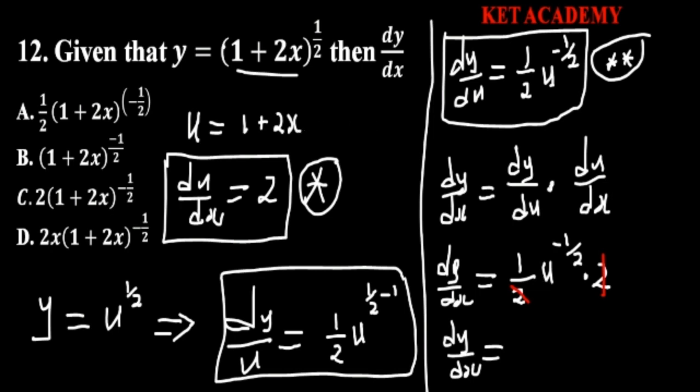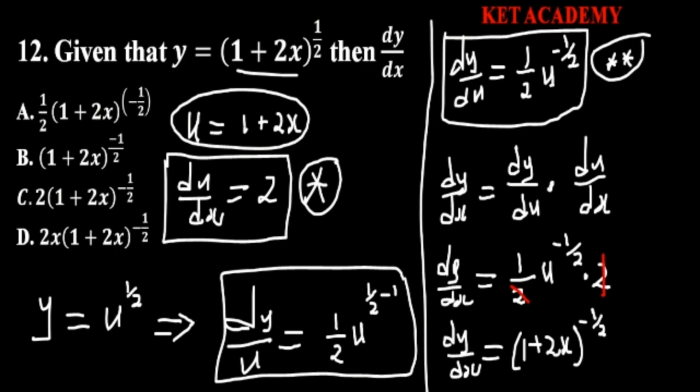But we know that our u is 1 plus 2x. So I'm going to have 1 plus 2x all that raised to the power minus a half. So we have that.